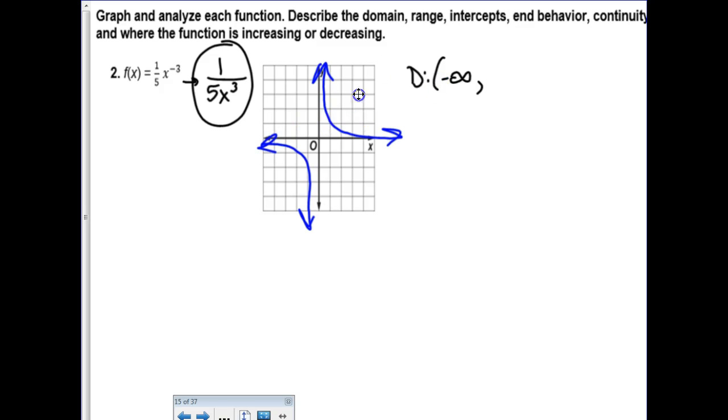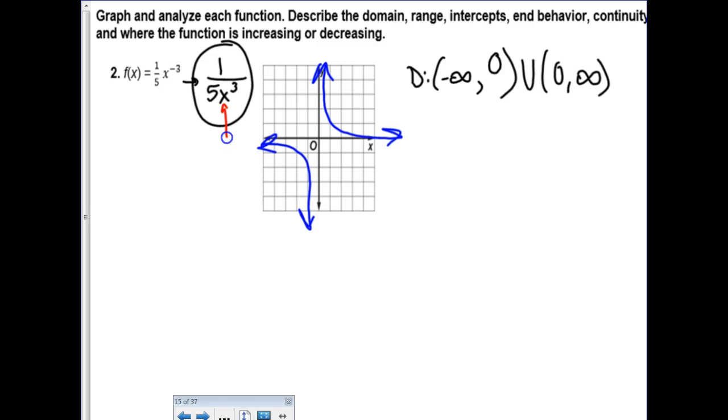It has a discontinuity at 0. Well, now that I look at the algebra, oh, pen, are you not going to work? Come on, buddy. Now that I look at the algebra, I think to myself, yeah, because what would happen if you used x equals 0 in that denominator? You would get divide by 0, which we know is a discontinuity. So the domain goes from negative infinity to 0, skip over 0, 0 to infinity.